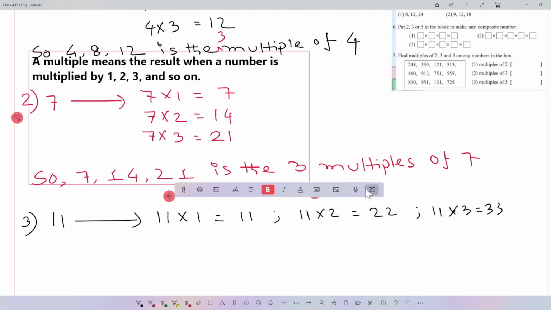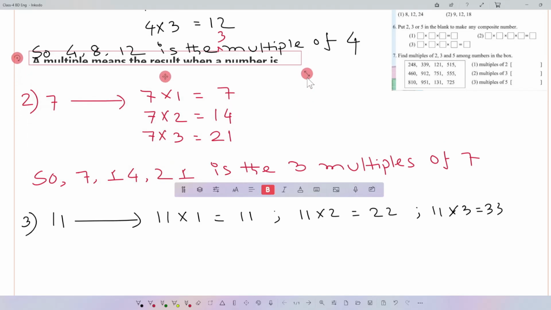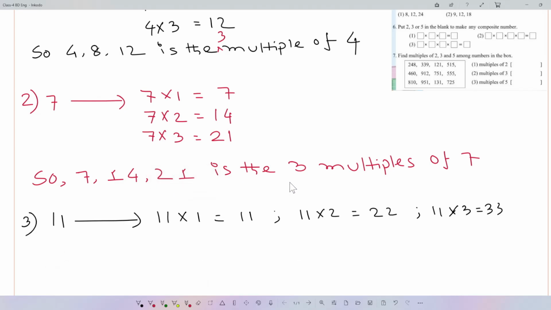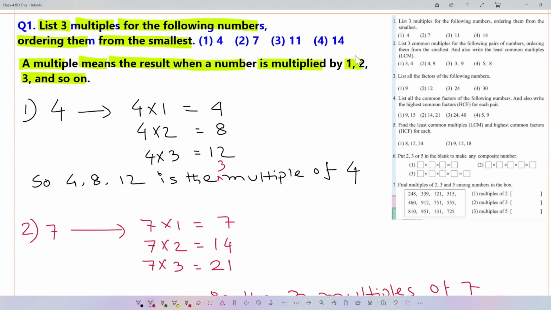So the three multiples are 11, 22 and 33. So numbers 1, 2, 3 done.